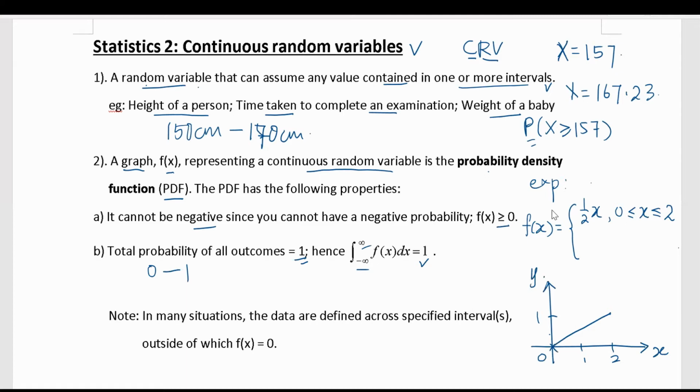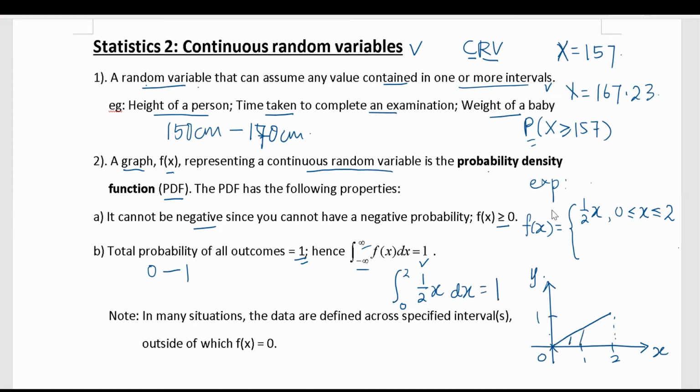Now refer back to point A: it cannot be negative, which means you will see the function lies above the x-axis. Then second, total probability must be equal to 1, which means if I find the area under the graph from 0 to 2, I will get the probability and it must be equal to 1.